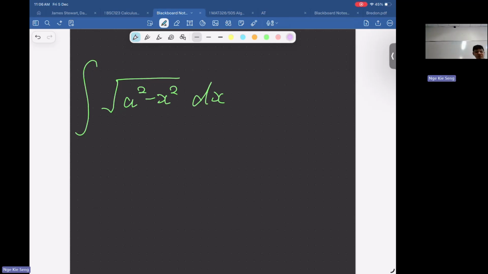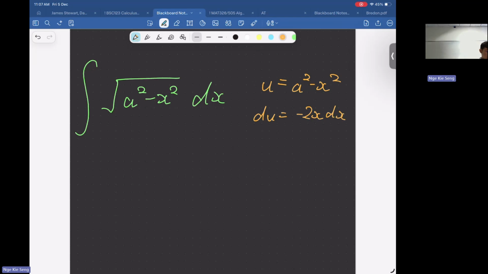Okay, before we leave this trigonometric substitution, maybe one thing I want you to realize, this is another thing that Howran mentioned to me last time. If you realize when we do substitution, maybe if you look at this, you will do, for example, u equals a squared minus x squared, and then du equals minus 2x dx like that, right?